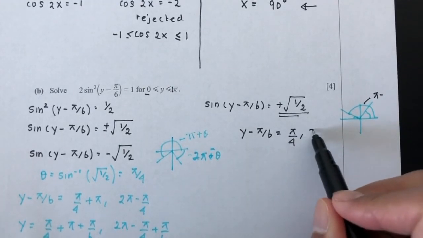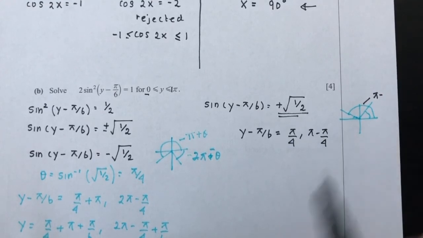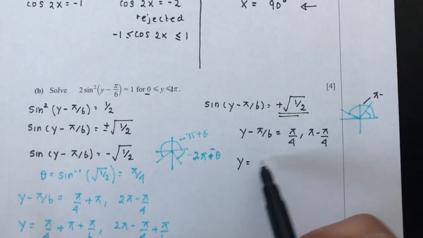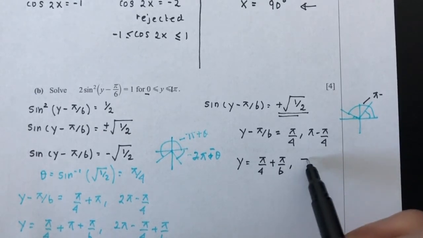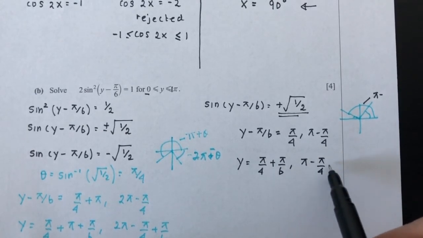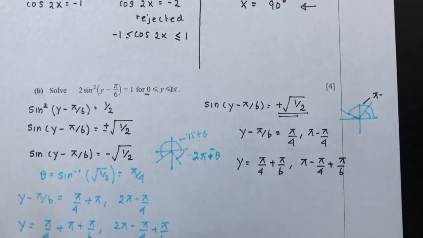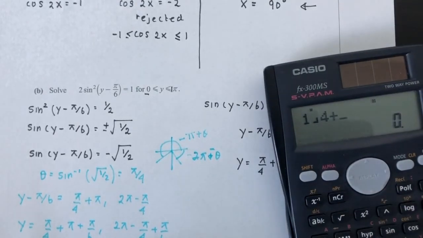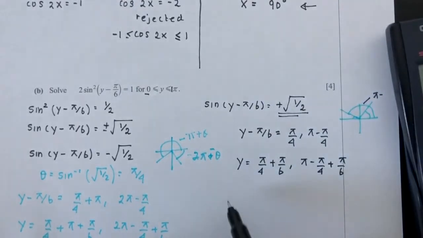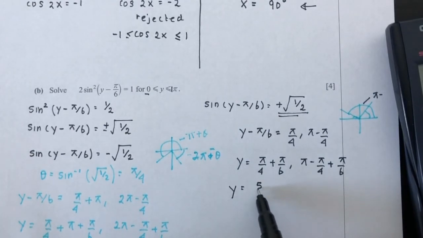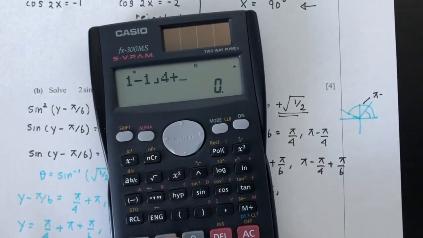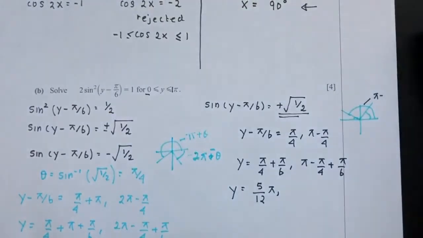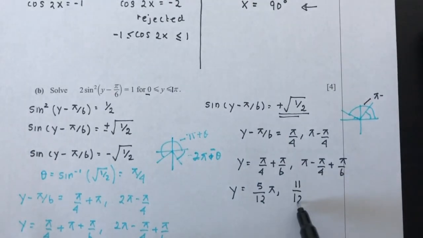So pi minus pi by 4. Now y will be pi by 4 plus pi by 6, and then pi minus pi by 4 plus pi by 6. So 1 over 4 plus 1 over 6, that will be 5 over 12 pi. 1 minus 1 over 4 plus 1 over 6, that will be 11 over 12 pi.